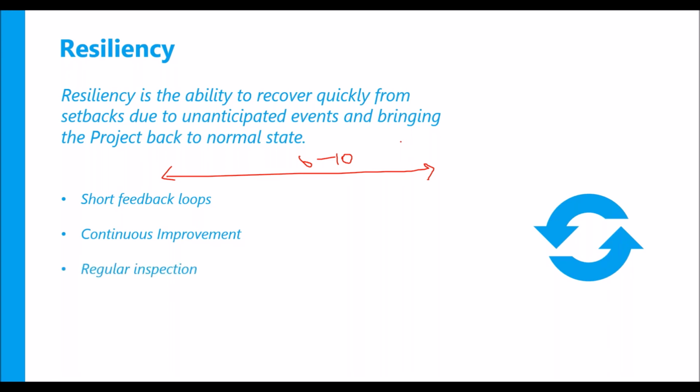Regular inspection, frequent quality audits, a diverse team with broad skill sets, okay, that will reduce the risk a bit, and transparent planning so that the team is able to see what is being planned. If they see any risk beforehand, they can raise it upfront. So that will make your project more robust and very resilient.